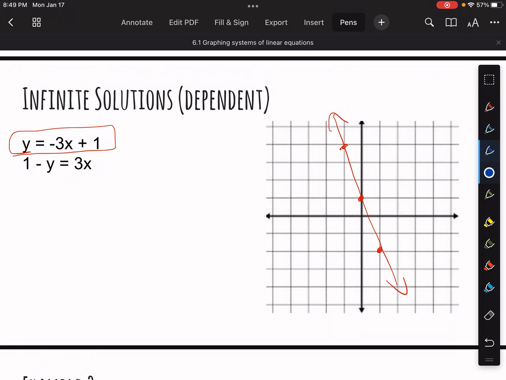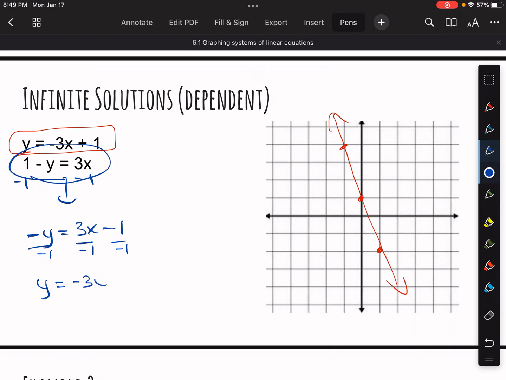Okay, and then in blue here, I'm going to solve this for y. So if I solve that for y, I'm going to move the 1 over by subtracting it. So I have -y is equal to 3x minus 1. Okay, I'm going to divide everything by a negative in order to get y by itself. So if I divide everything by a -1, I get y is equal to -3x plus 1.